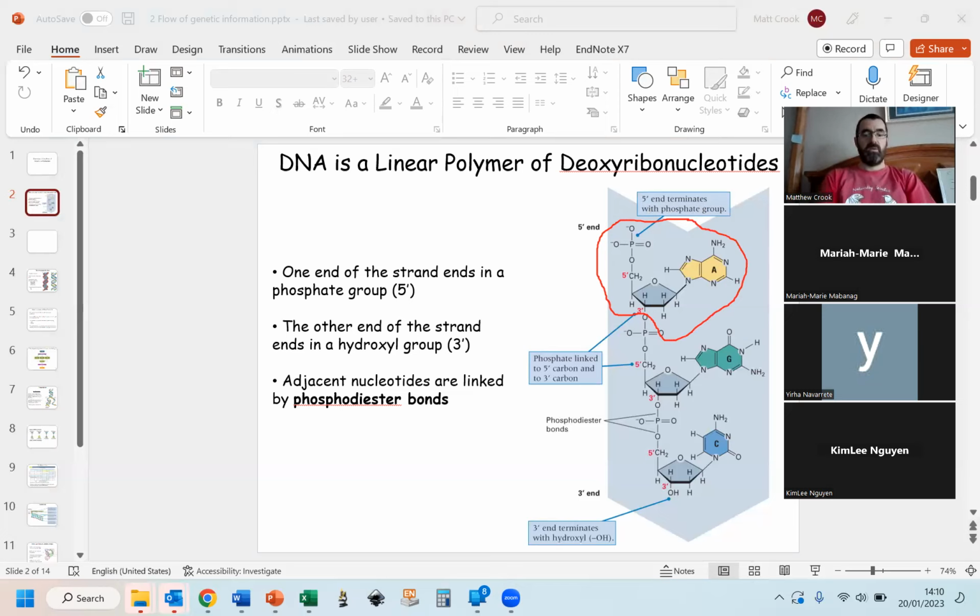We have a phosphate group, that bit at the top with the P in there. This is negatively charged, because of these OH groups essentially losing a proton.